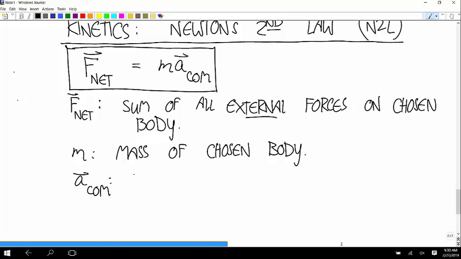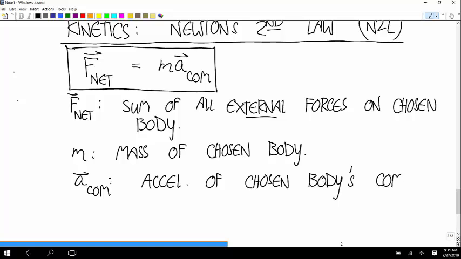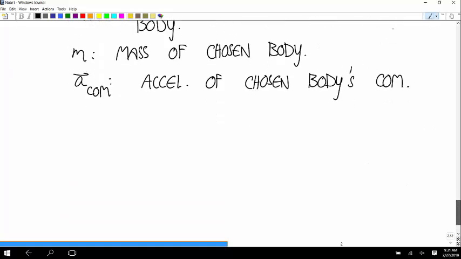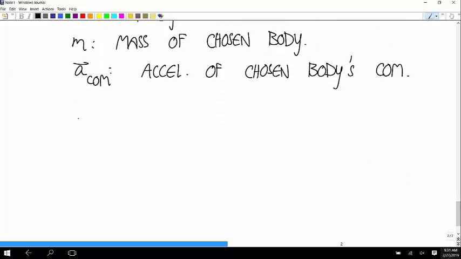And ACOM is the acceleration of the chosen body's center of mass. Okay, let's do a couple problems.